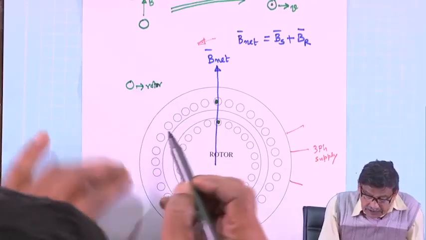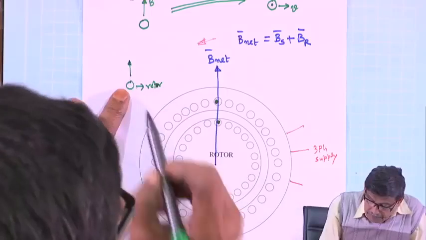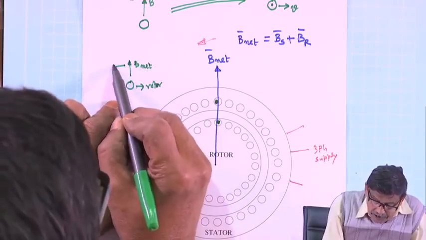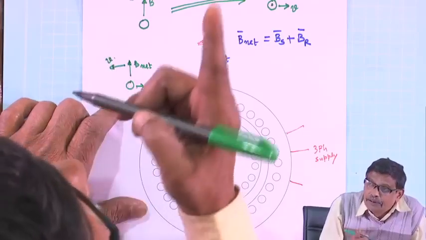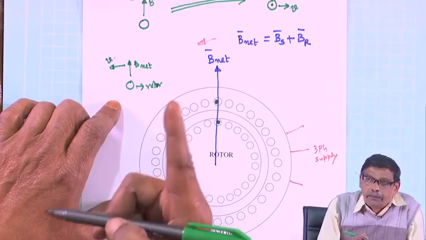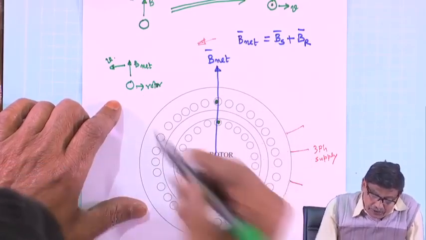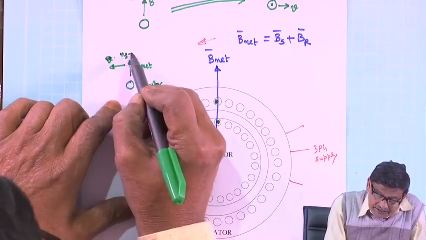Only thing is, if you are sitting on it, you will say okay, b net is moving with some other v corresponding to ns minus nr. Pi d n is the tangential velocity. So, the relative speed here is ns minus nr.